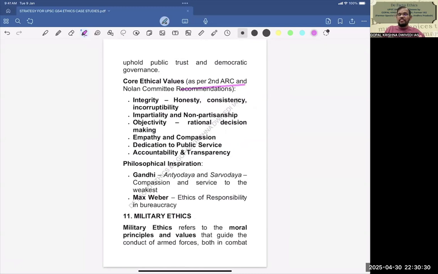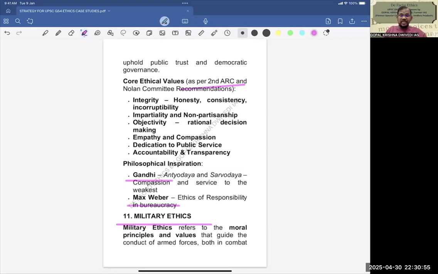Similarly, Nolan Committee report is there from the UK. All these are very important as far as the values which should be imbibed by a civil servant are concerned. For example, integrity, honesty, consistency, impartiality, objectivity, empathy and compassion, dedication to public service, accountability and transparency, all those things. And then accordingly, philosophical inspirations are also there, Max Weber and Gandhi, etc. That also we need to apply.